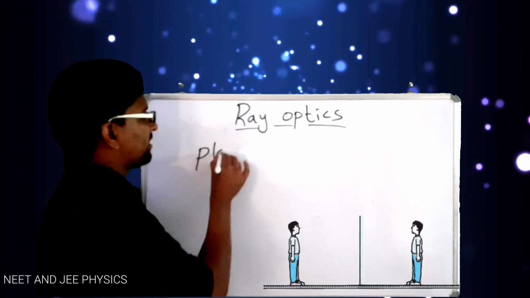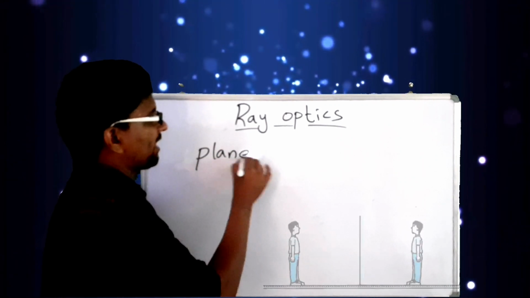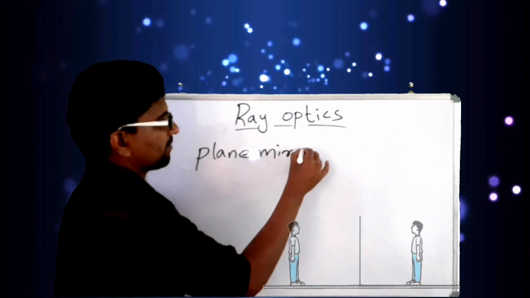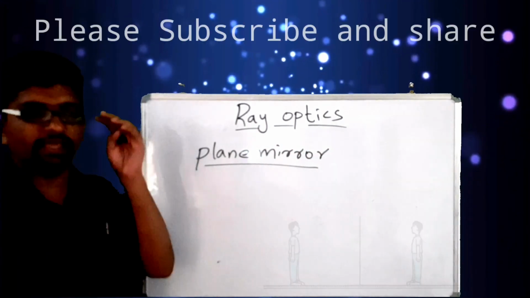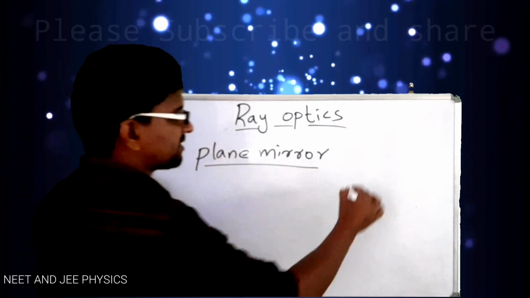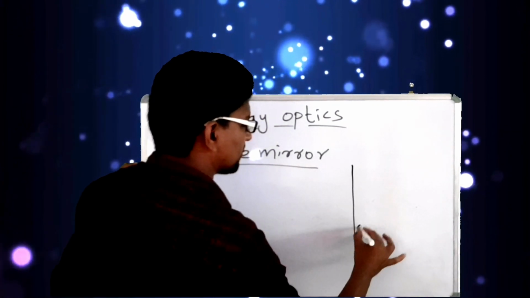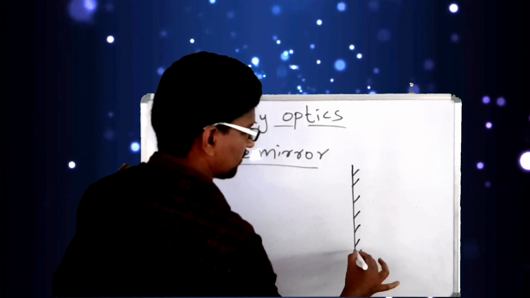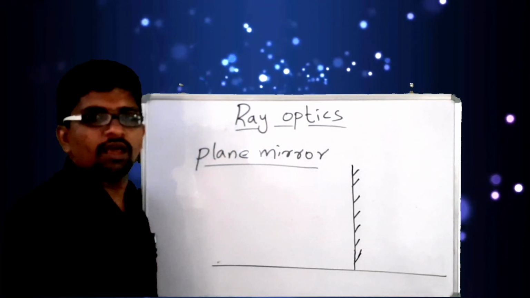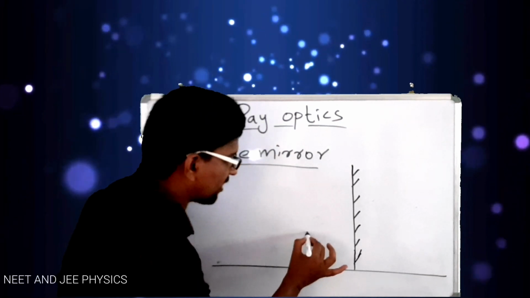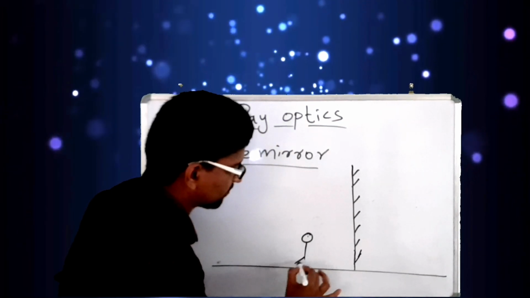Image formation in plane mirrors. Okay, so we can discuss the plane mirror. Suppose this is a plane mirror. These are objects in front of this plane mirror.